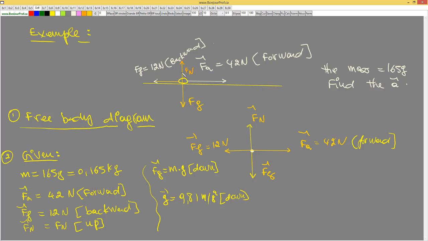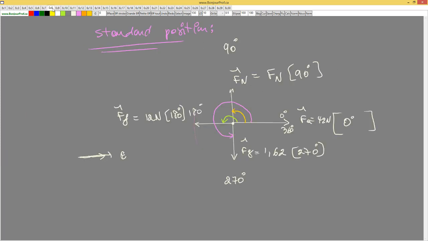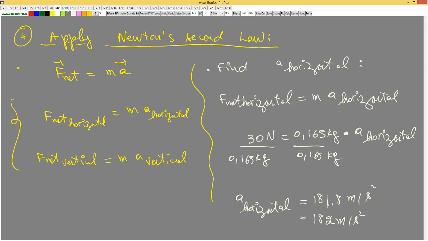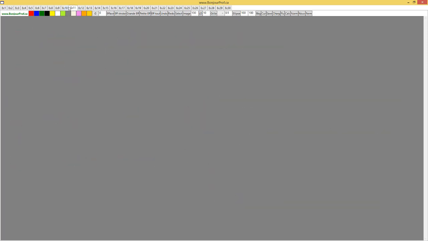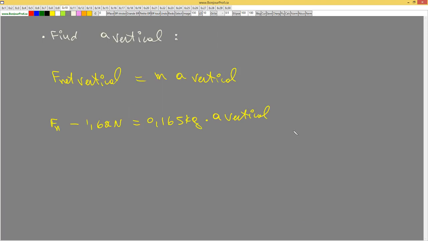If it is not moving vertically, what will be the acceleration vertically? The vertical acceleration will be 0.